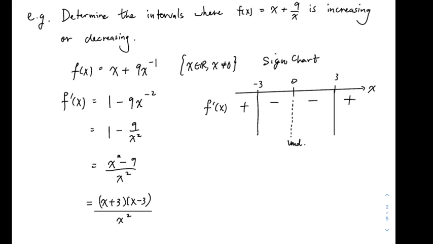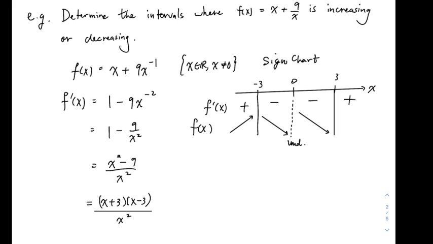Next, we can determine the intervals where the function is increasing and where it's decreasing. So underneath I'll put f of x. In the interval to the left of negative 3, the function is increasing. Between negative 3 and 0, the function is decreasing. Between 0 and 3, the function is decreasing.